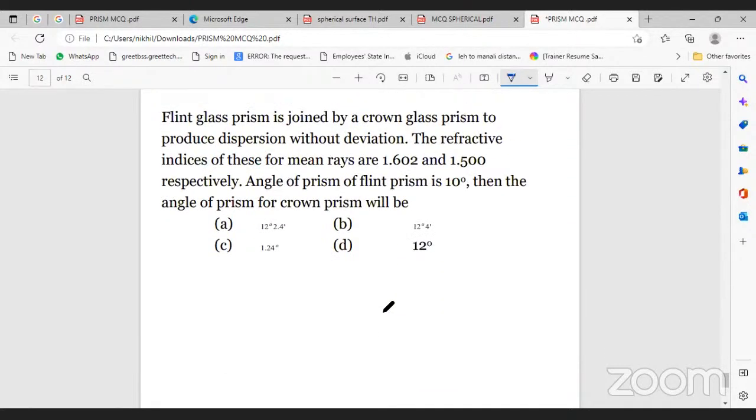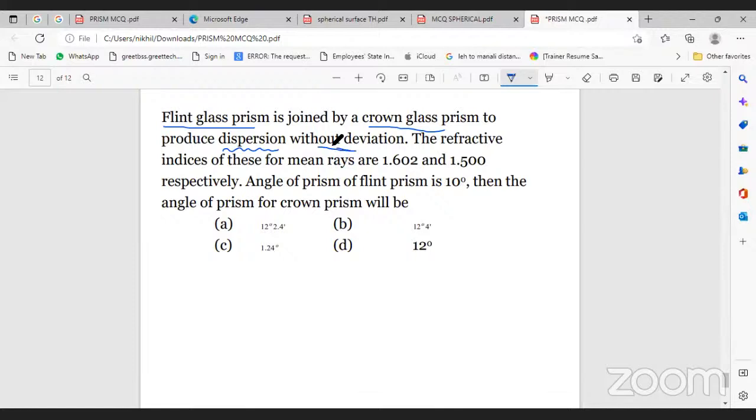Look at this. There are two prisms here. One is a flint glass prism, the other one is a crown glass prism, that is producing dispersion without what? Deviation.